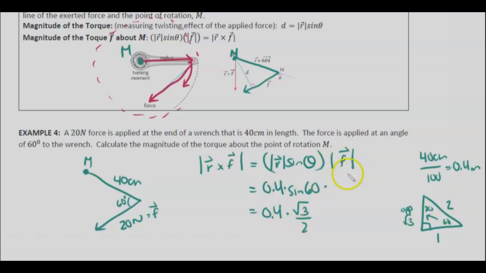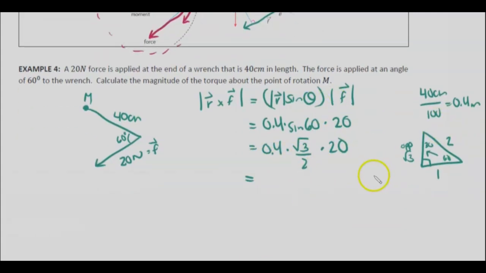Now the magnitude of F. F is the force, that's 20 newtons. So the magnitude is 20. So when we multiply 0.4 times root 3 over 2 times 20, we get 6.93, and that's going to be measured in joules.